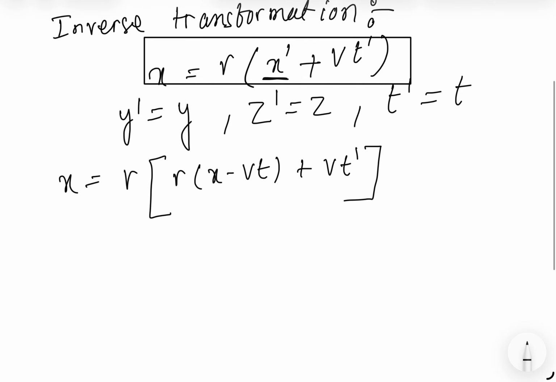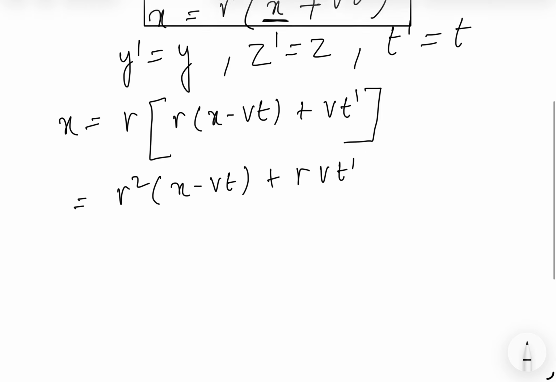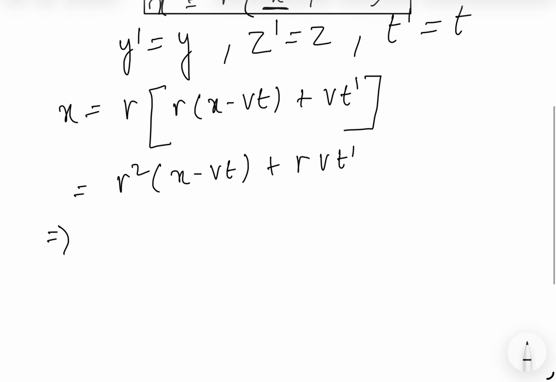Now we'll open this bracket: gamma square times x minus vt plus gamma times vt dash. Rearrange it: gamma vt dash equals x minus gamma square x minus vt.